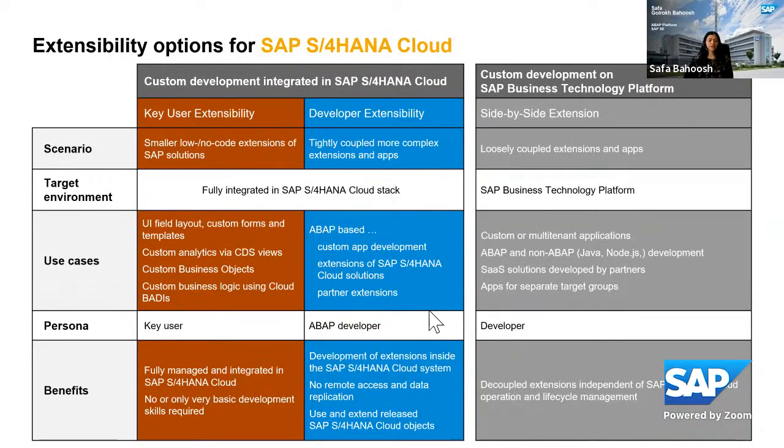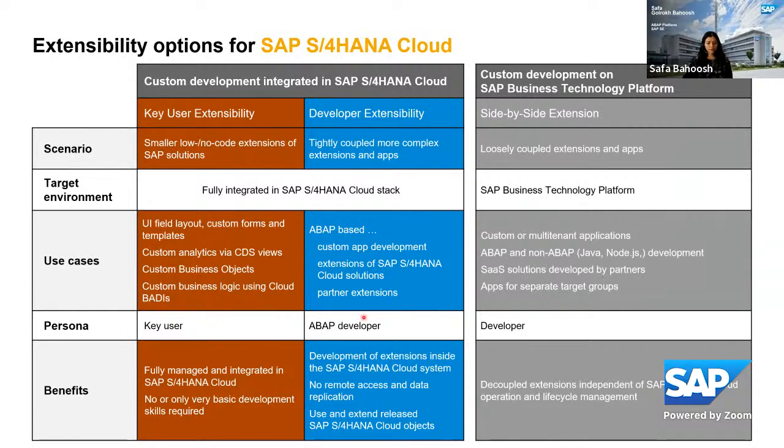So we have different environments for different needs and different personas, which you as a customer or partner usually have available also in terms of the skills. On the S/4HANA Cloud side, we have the key user extensibility, and we now have a developer extensibility.